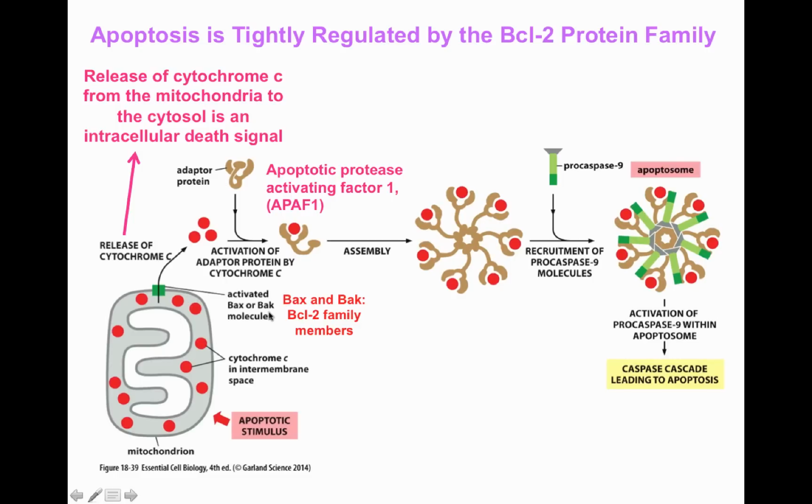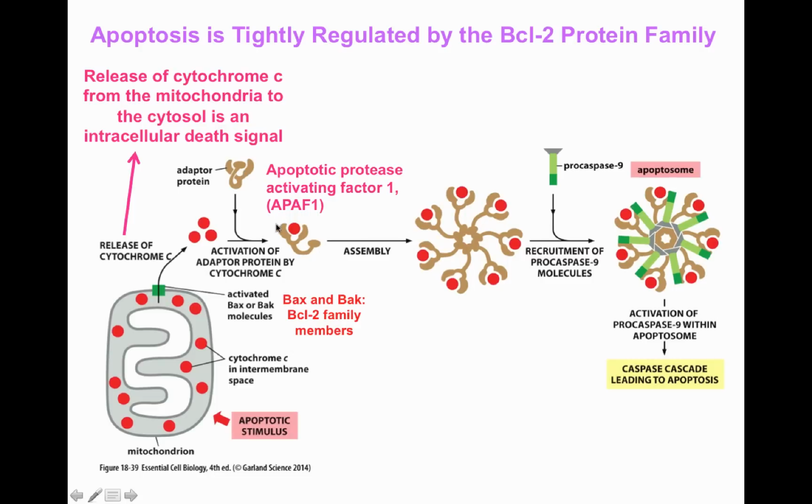That is going to be done by proteins called BAK or BAX, which are Bcl-2 family members. Now, the release of cytochrome C into the cytoplasm from the mitochondria is a death signal. And what you're going to have is cytochrome C binding to a protein called APAF1, or apoptotic protease activating factor 1.